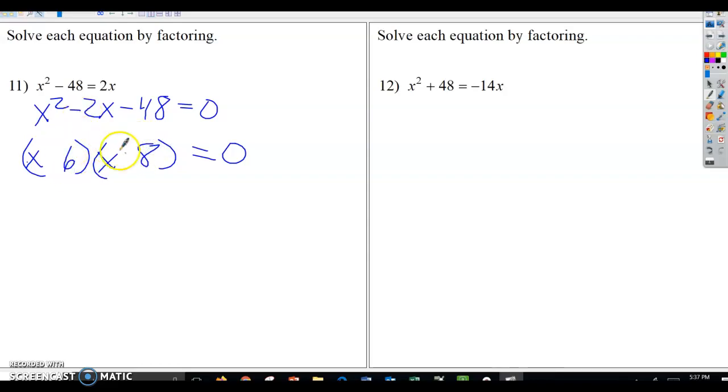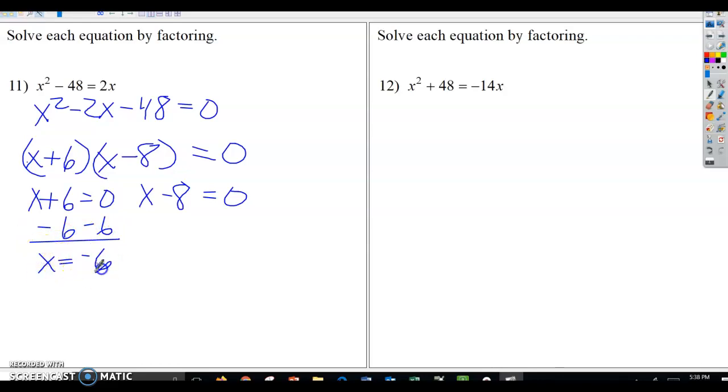And my middle number is negative again, so negative goes with the 8 and plus here. X plus 6 equals 0. X minus 8 equals 0. Subtract. X equals negative 6. X equals 8. So I've got negative 6 and positive 8.